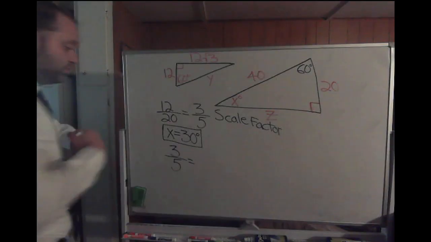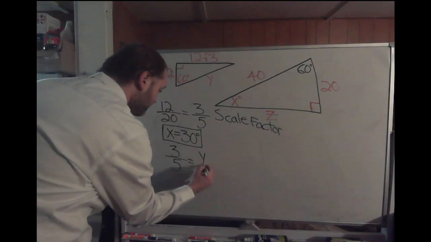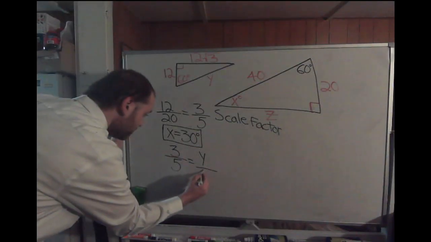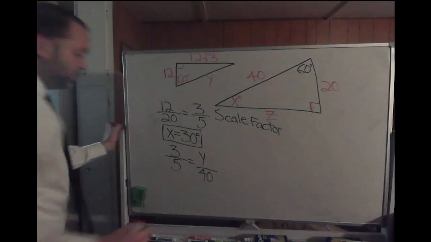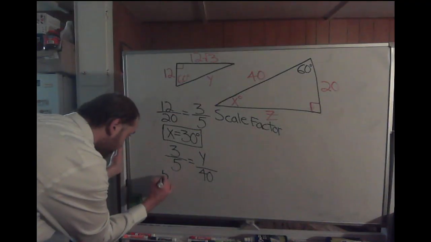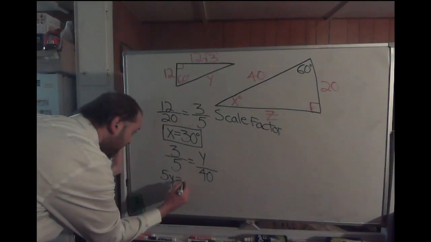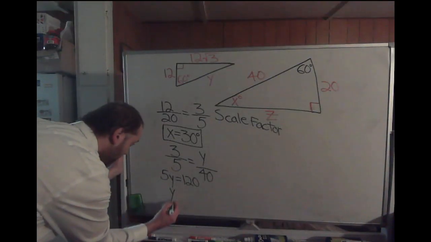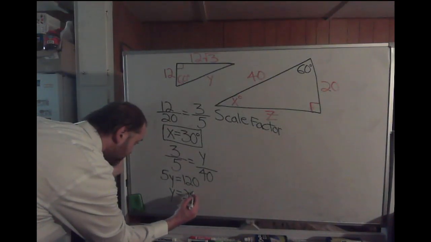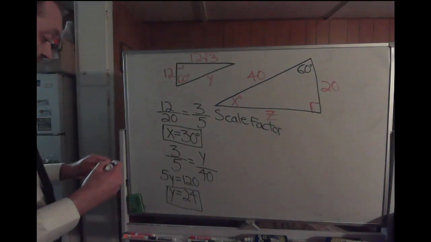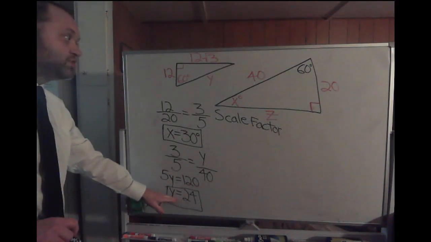So in this case, you'll set it equal to y on the first triangle over the corresponding side on the second triangle, which is 40. So you'll end up with 3 to 5 is equal to y to 40, which would then give you that 5y equals 120, which could only mean then that y equals 24. So in this case, you get a value of y being 24.